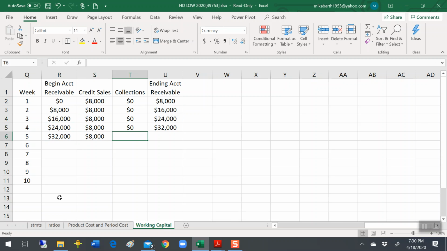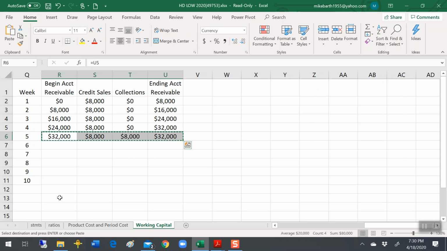Okay, in the 5th week is where they will actually collect on the credit sales from 4 weeks ago, which means that at some point in time, the money coming in and the money going out will match up.